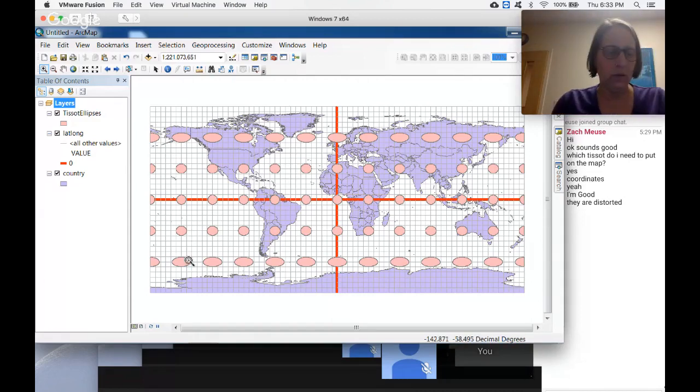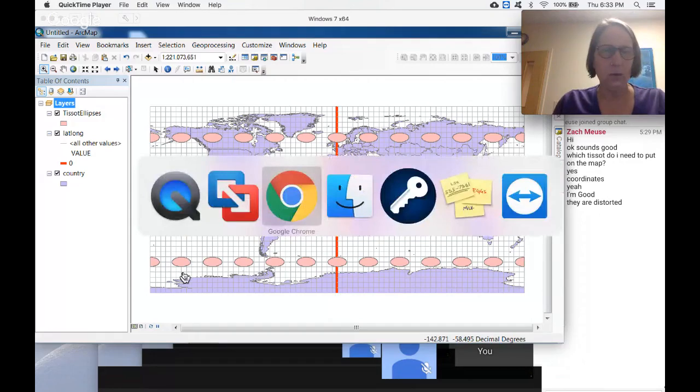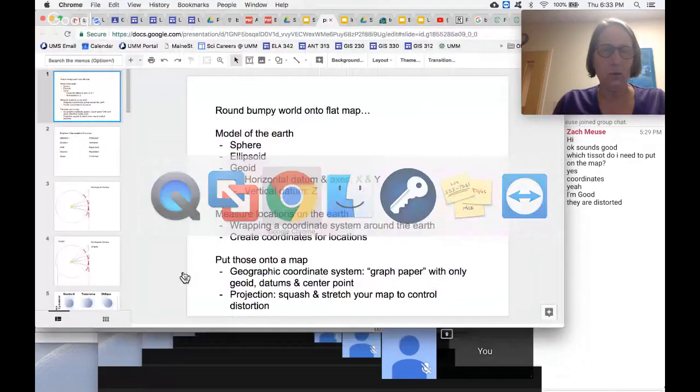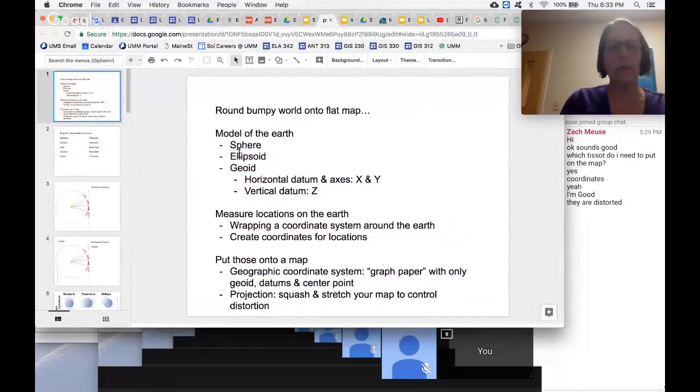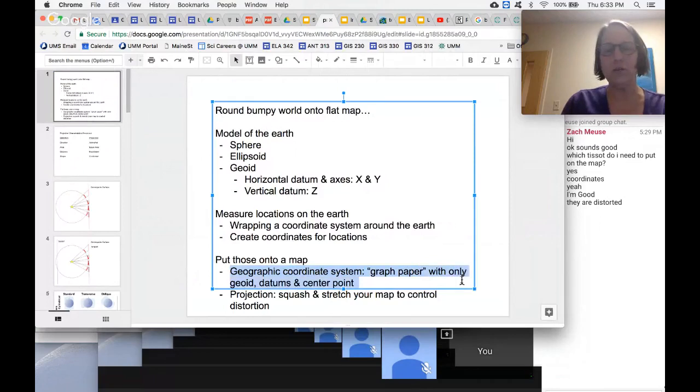So that brings us to this problem of using a coordinate system, this geographic coordinate system with just graph paper, just squares. How do we take that coordinate system and stretch it and squash it and control the distortion, minimize the distortion for the things that we want to use or measure, and allow other things to be distorted?